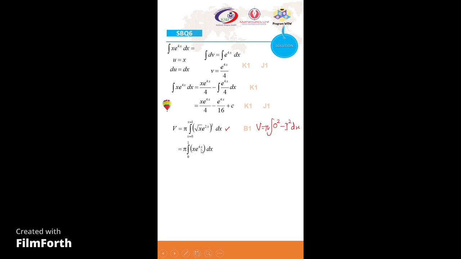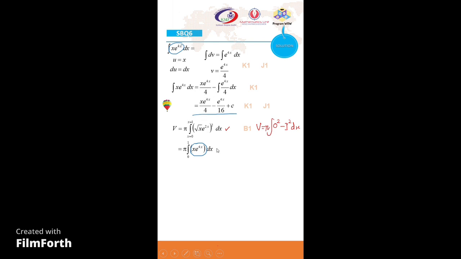If you compare with the previous question, you have the same expression, the same function. Since the function is the same, you can use the solution that you got from the integral. You don't have to go through the integration, because you already did the integration in the previous question.